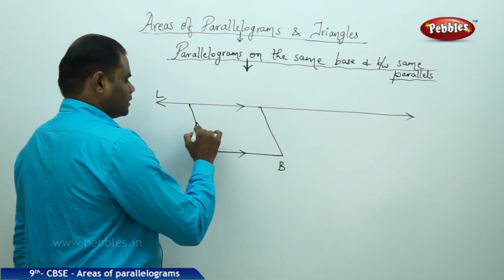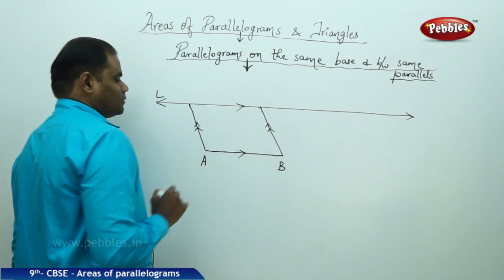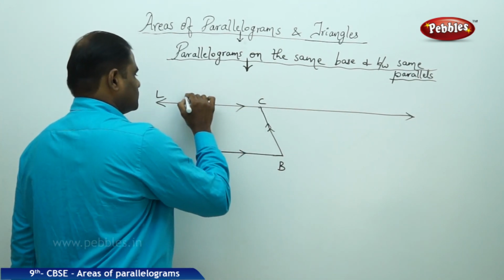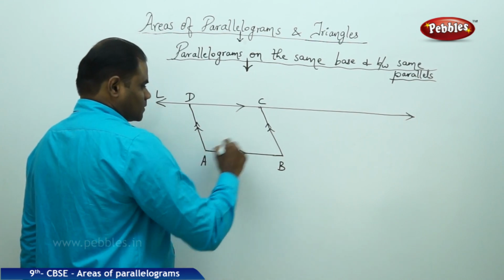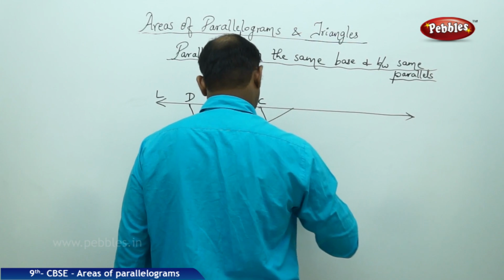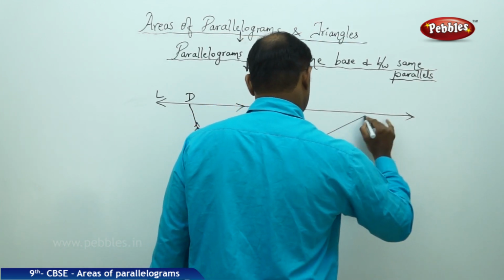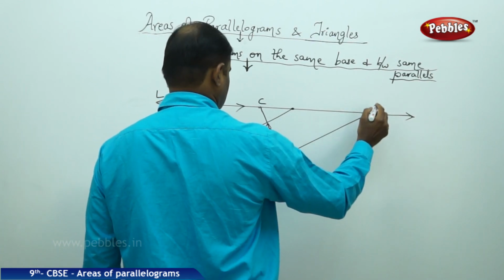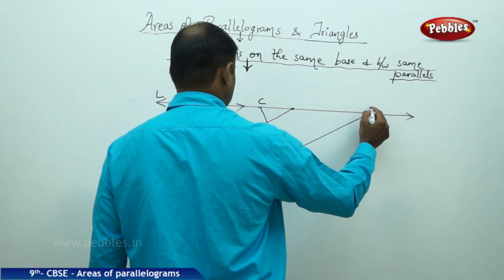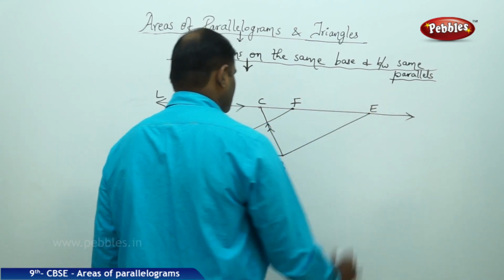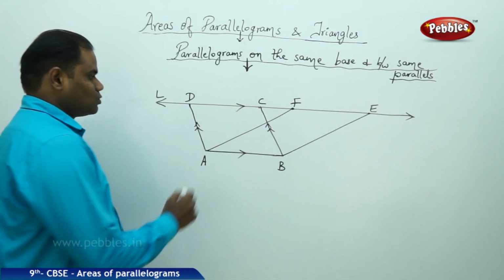This is the parallelogram on the base AB, say C and D. Let me take another parallelogram, E and F. So here I have two parallelograms.